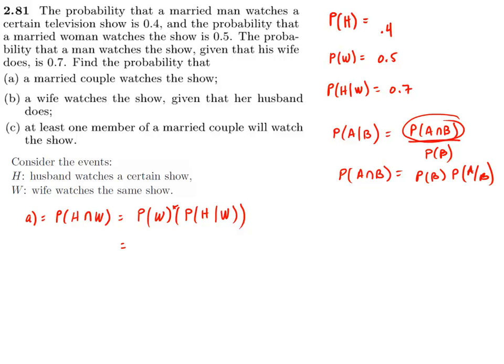So we know the probability of W, this is 0.5, and we know the probability of H given W, this is 0.7. So this is equal to 0.35. Okay, so the problem is basically showing you that you can use this conditional probability expression, and you can solve for the intersection, and you can also solve for the given event.